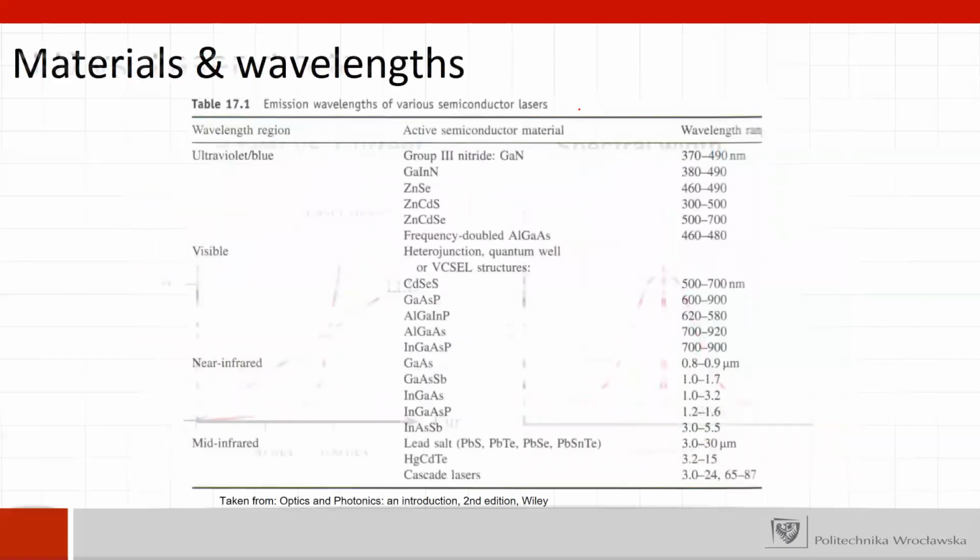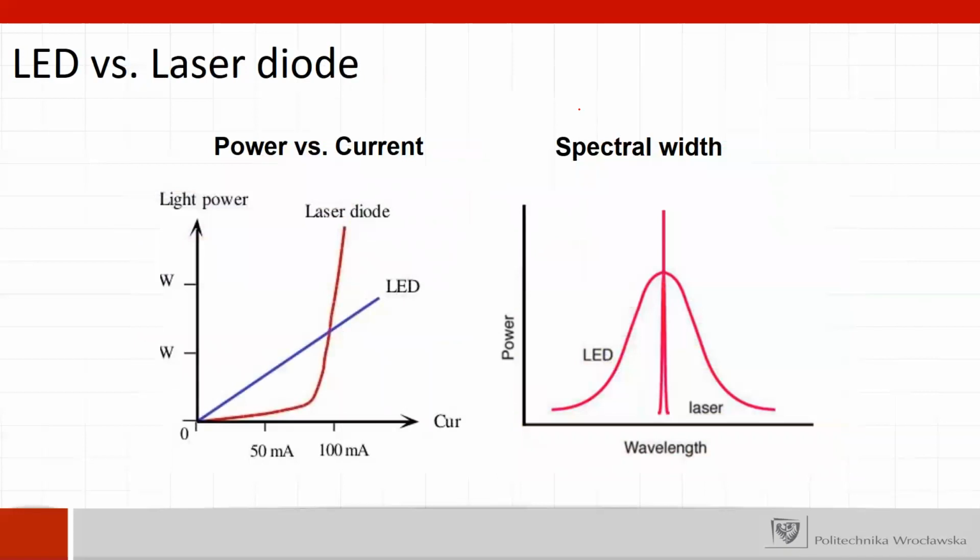And what is the most important difference between a laser diode, a semiconductor laser, and an LED, a light emitting diode? There are two fundamental differences. The first one is in the power versus current characteristics. In the case of the LED, we have only spontaneous emission, which is linear.